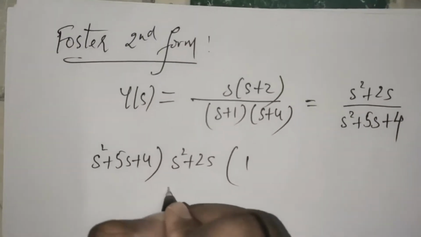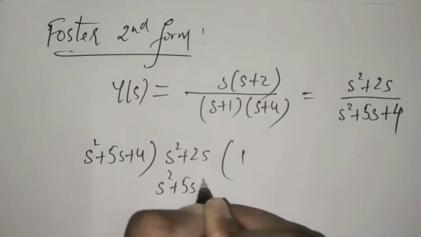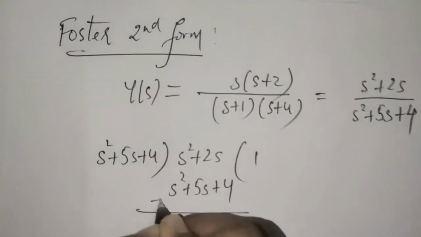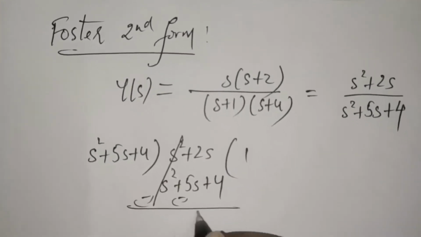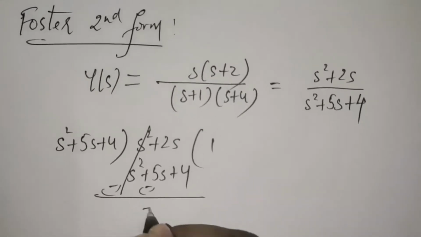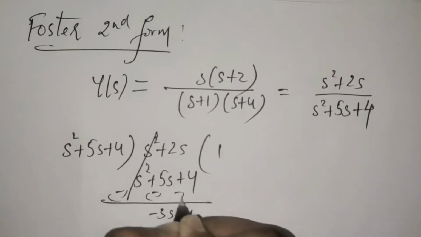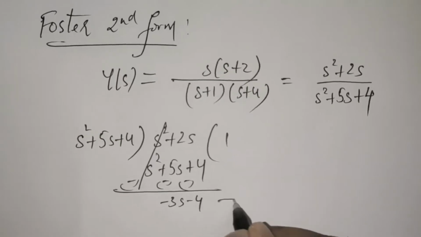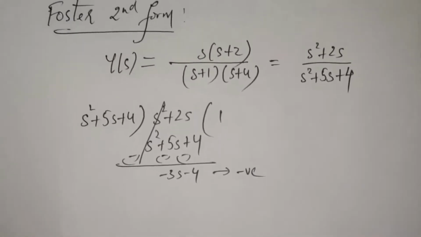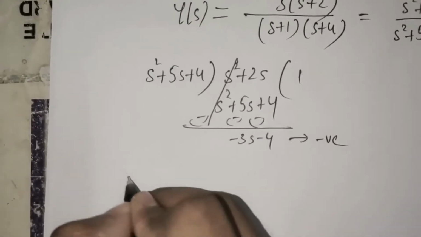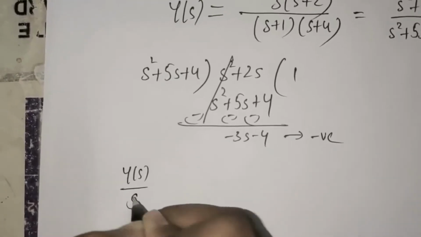This goes once, s squared plus 5s plus 4. So here in this case I get 3s minus 4. Since the remainder is negative, now I should consider Y of s by s.